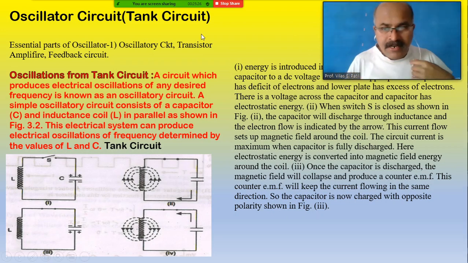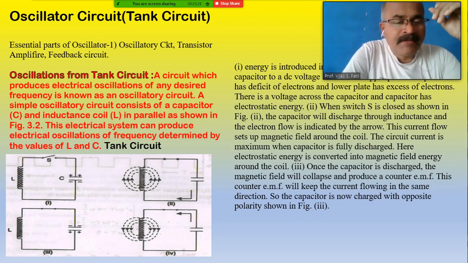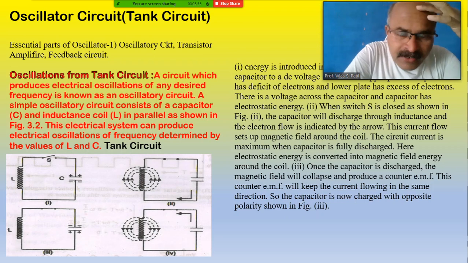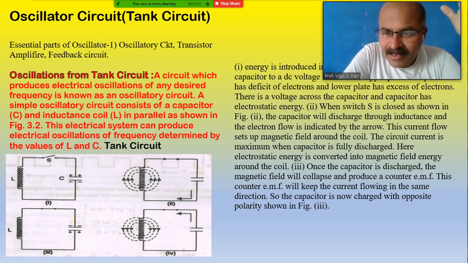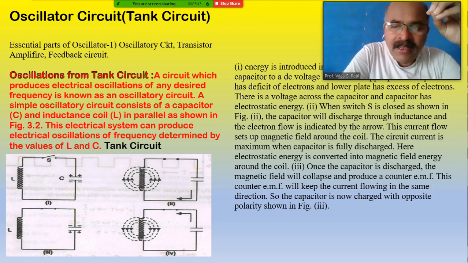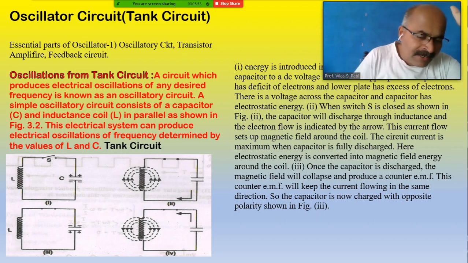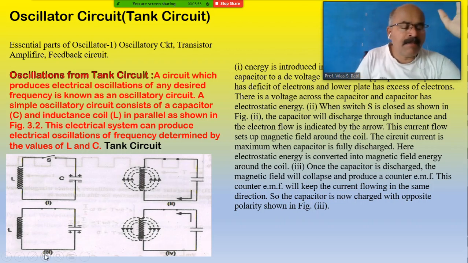An oscillator circuit is a frequency determining circuit, and that frequency determining circuit can determine the frequency of an oscillator circuit, which is known as a tank circuit. A tank circuit works like a tank of energy, and that energy will be converted into energy in the form of oscillation. Here, the tank circuit is just a parallel circuit of the inductance and capacitor.